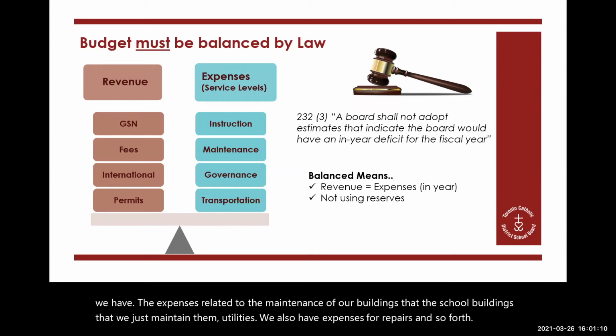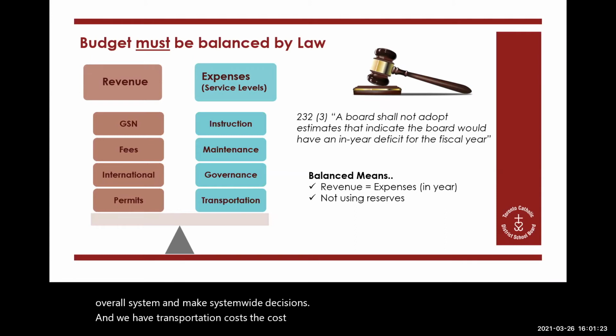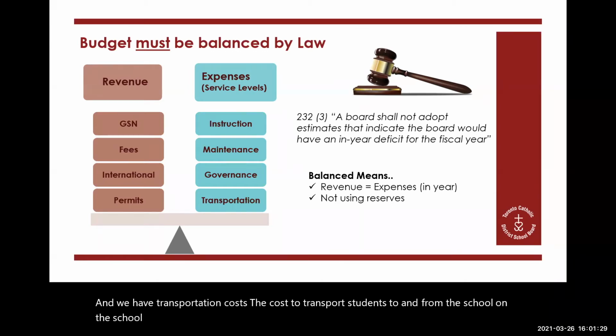We also have governance and administration spend. So the spend we have to maintain the overall system and make system-wide decisions. And we have transportation costs, the cost to transport students to and from school on the school bus. We also have a few other expense areas, but these are the big ones.